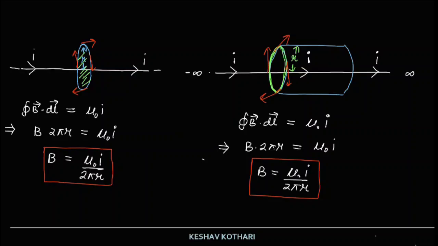Now, in order to understand the displacement current, I am considering that this infinitely large current carrying wire, which we have considered for the time being in the previous two cases, is connected to a capacitor.